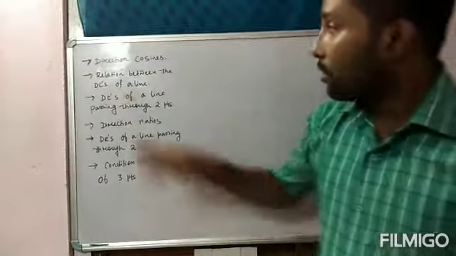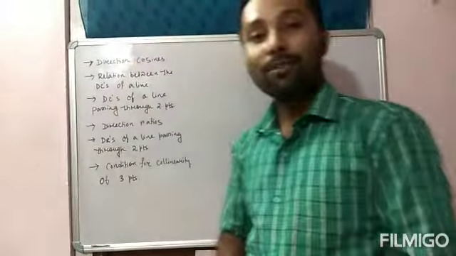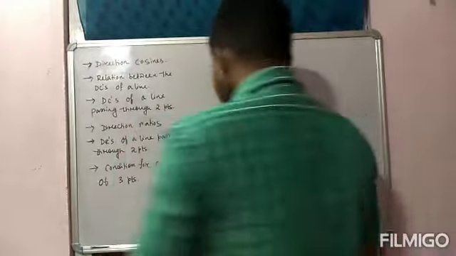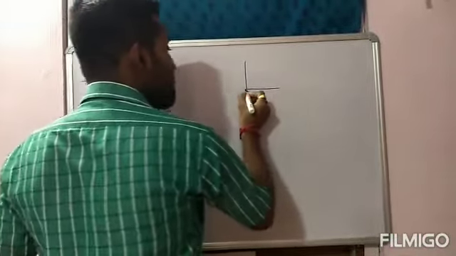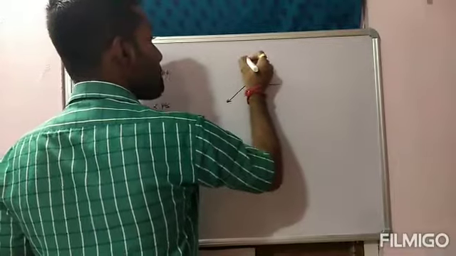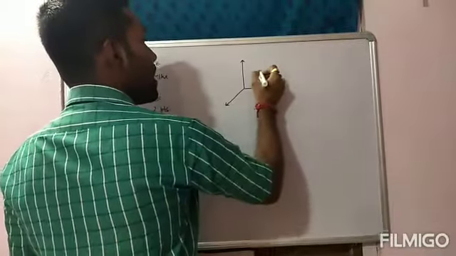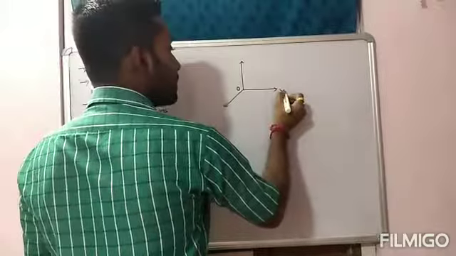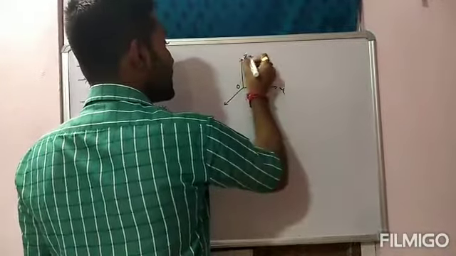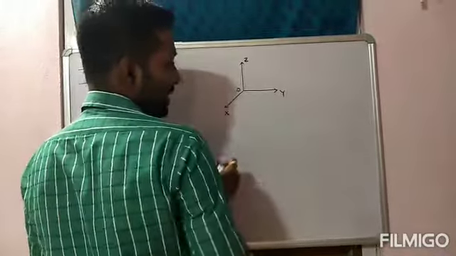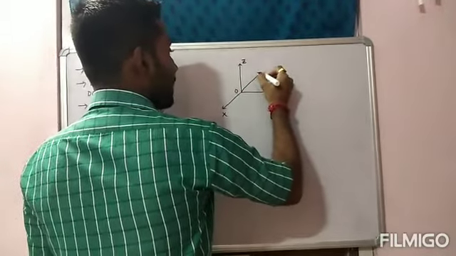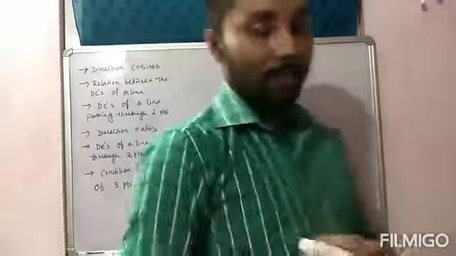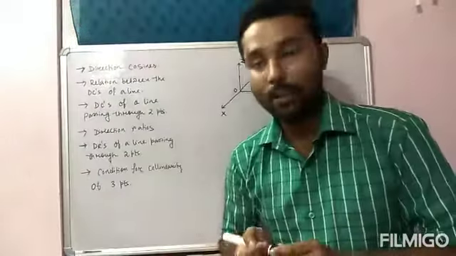Okay, so direction cosines. Direction cosine क्या है actually? This is origin, y-axis, z-axis, this is x-axis. Suppose there is a line L. फिर से मैं एक बार थोड़ा सा summary type दे देता हूँ.